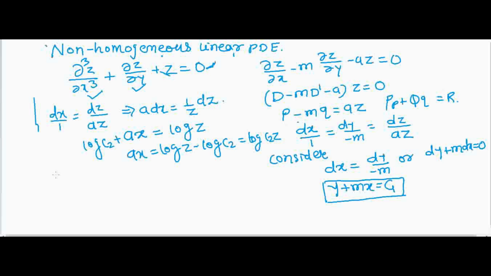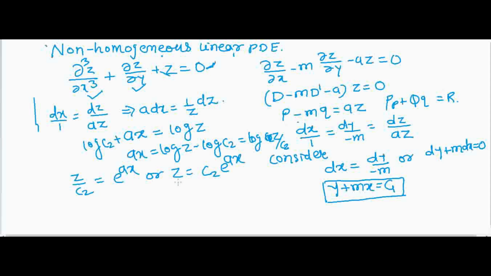Now taking the exponential, we get z/c2 = e^(ax), and z = c2 e^(ax).